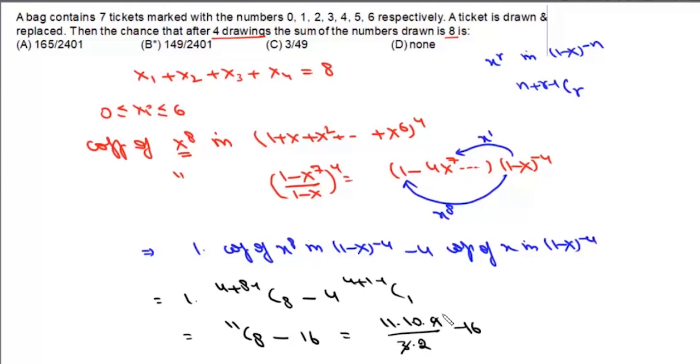Now this is 165 minus 16, and there will be 149. So this is our favorable number of cases. Now the total number of cases will be, for each drawing we have 7 choices, so 7 into 7 into 7 into 7, that is 7 to the power 4. So this required probability is going to be 149 divided by 7 to the power 4, which is 2401, and that's your option B.